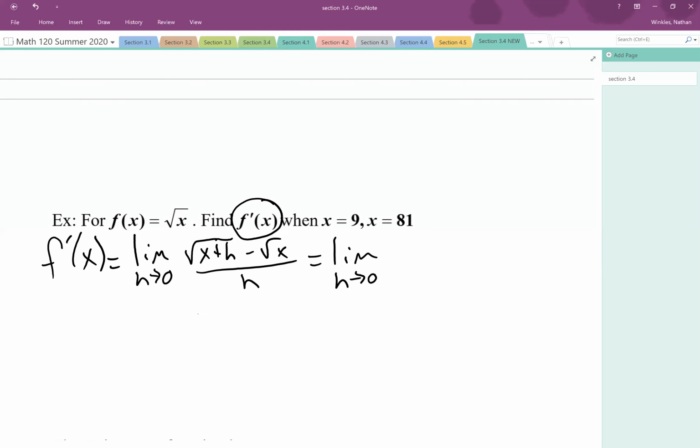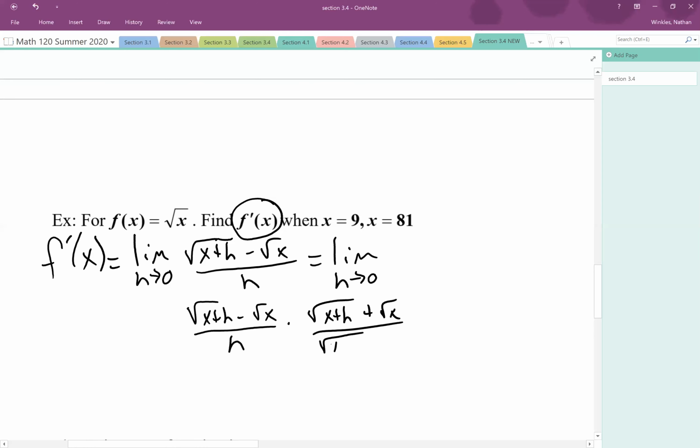So to rationalize the numerator, so we have square root of x plus h minus square root of x all over h. I'm going to multiply top and bottom by square root of x plus h plus square root of x in both cases, top and bottom. In the denominator, I am not going to multiply it out, so it's going to be h times square root of x plus h plus square root of x.